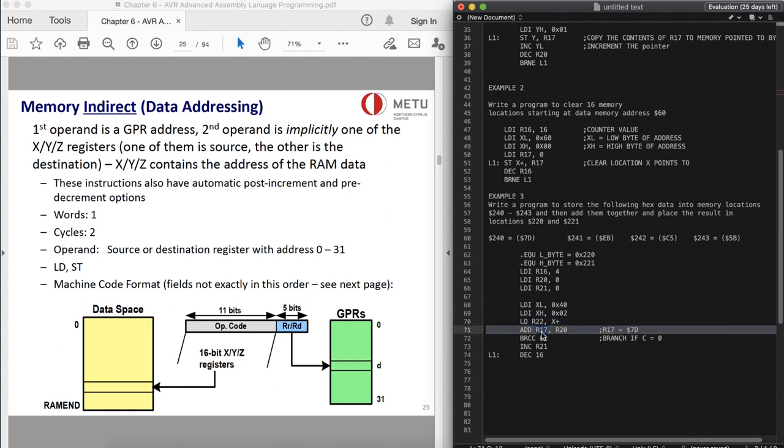Okay, so we add the low bytes first. Now we branch, we increment the high byte if there's a carry to the next one, and if not, we just decrement the counter. And again, of course, we have to check BRNE if the counter is 0 or not. BRNE L2, and that has to go back to the load.